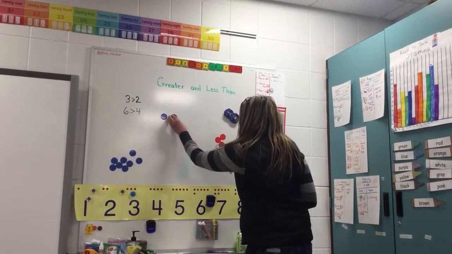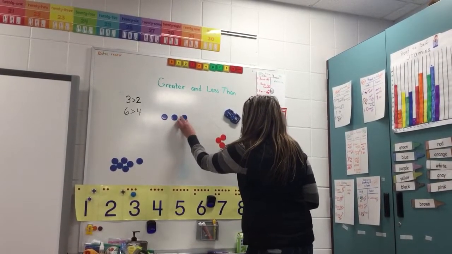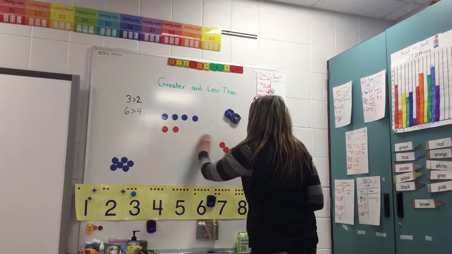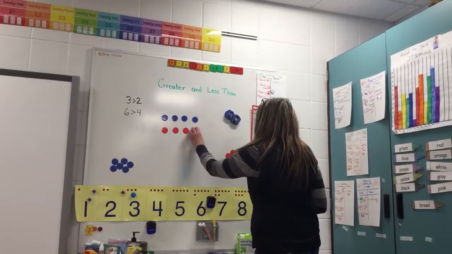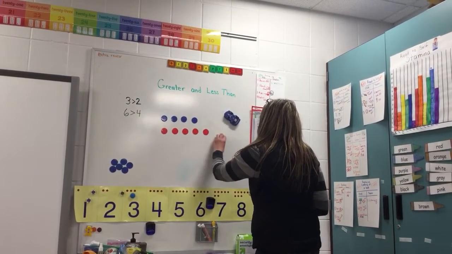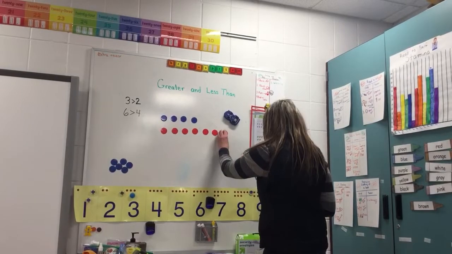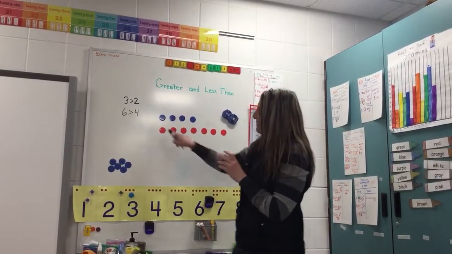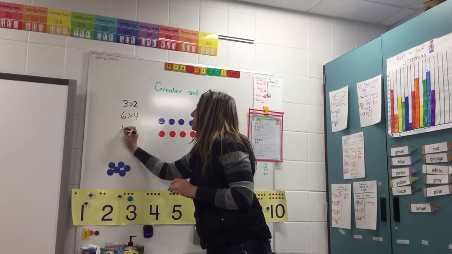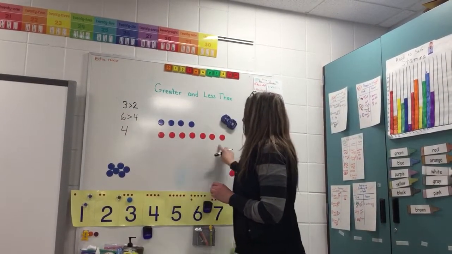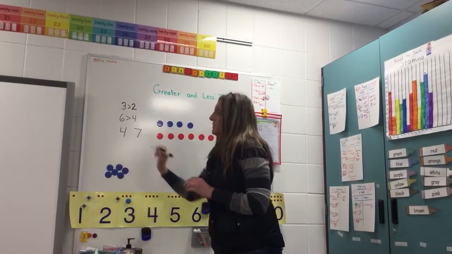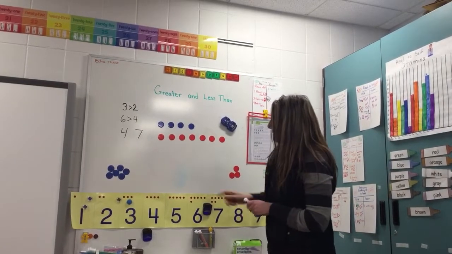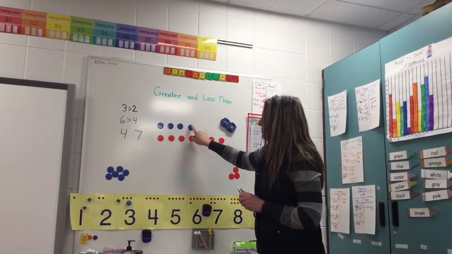One, 2, 3, 4. 1, 2, 3, 4, 5, 6, and 7. What I'm going to do here is I'm going to write down the numbers first because I first had 4 blues and then I had 7 reds. I'm keeping them in the order of which one I had first and which one I put up second. Now let's count. 1, 2, 3, 4.